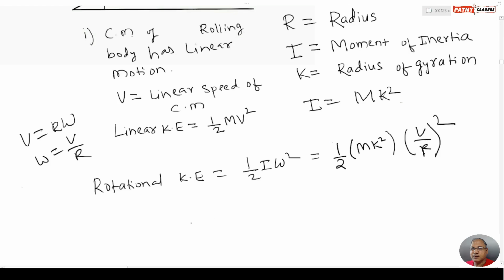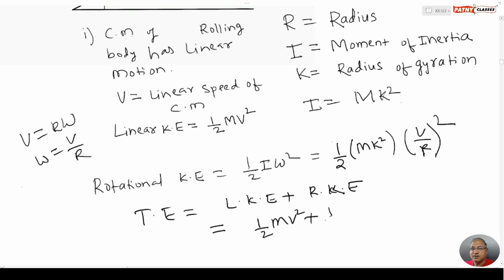whole square, and total kinetic energy is nothing but linear kinetic energy plus rotational kinetic energy. So this equals half mv square plus half mk square v square upon r square.